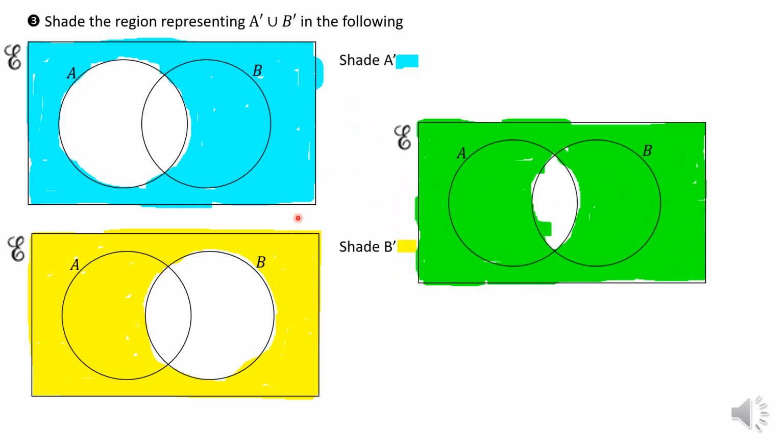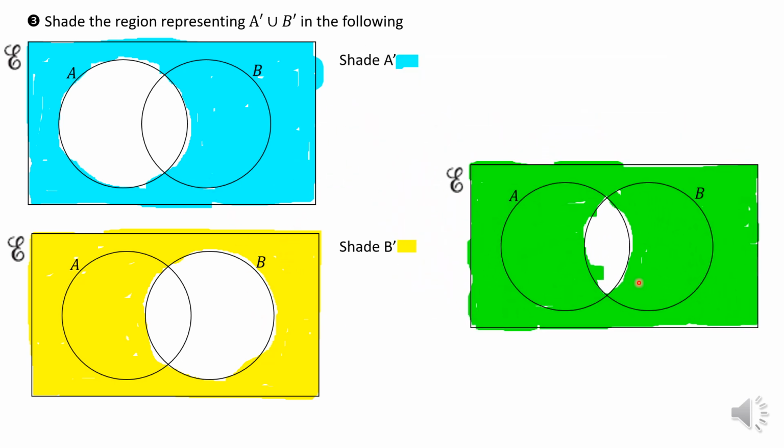So when you sort of superimpose and put them on top of each other, you realize that the region that is not shaded is this region where the intersection is taking place. So the complement of A union B complement is this particular region here. So the union of the complement of A and B is represented by this particular region that is not shaded.